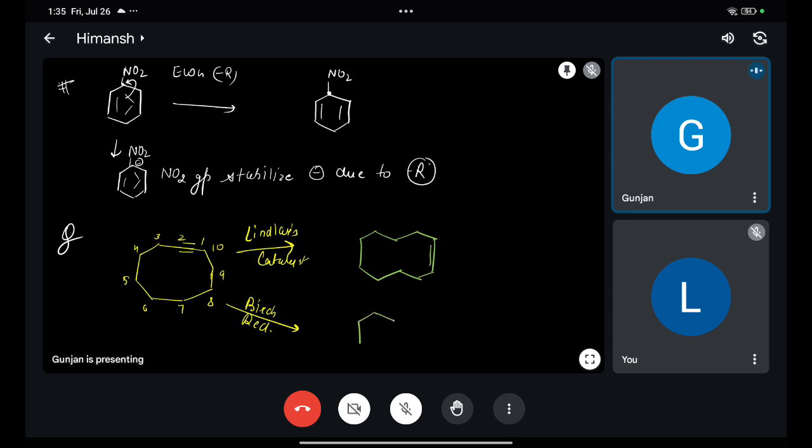And in this Birch reaction, we'll create it like this. So this is trans, and this one is cis. Got it? Yes, ma'am. Got it, ma'am.